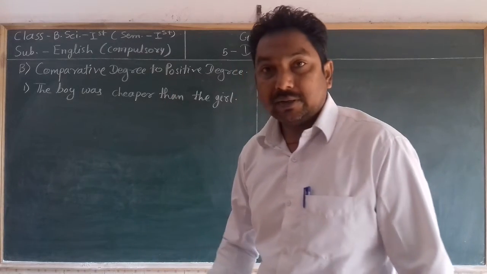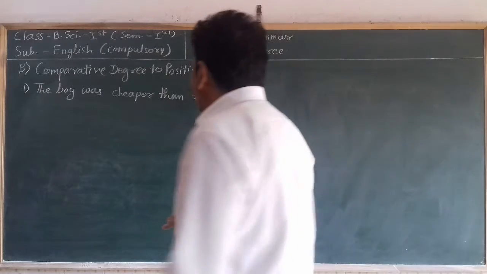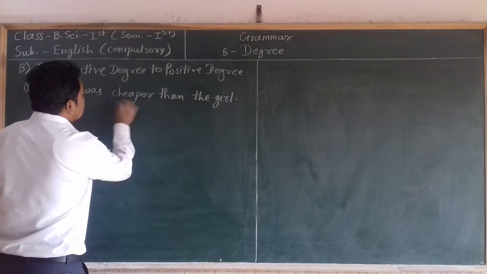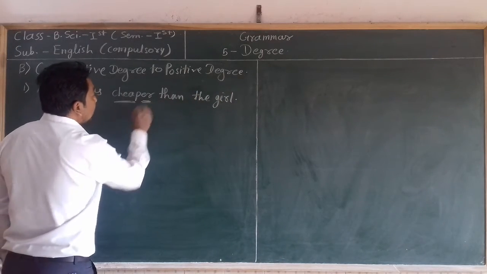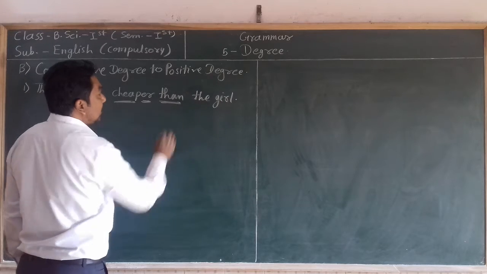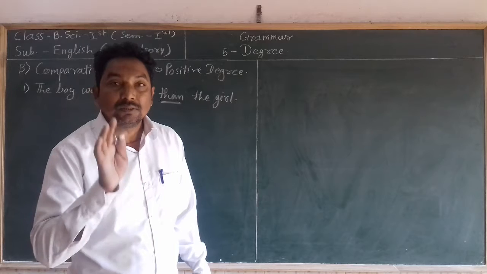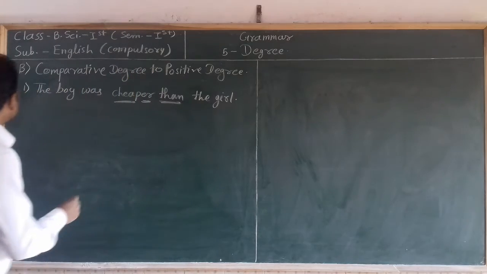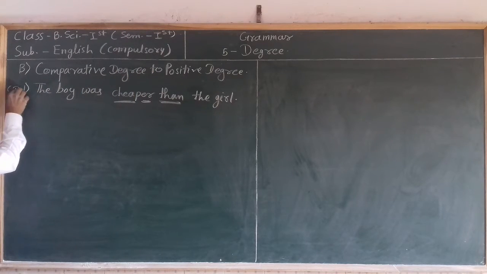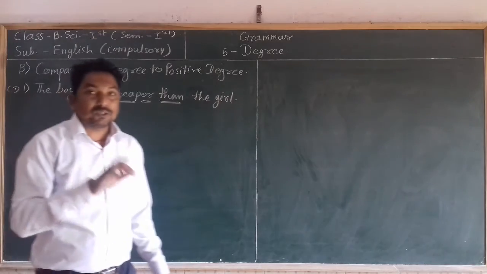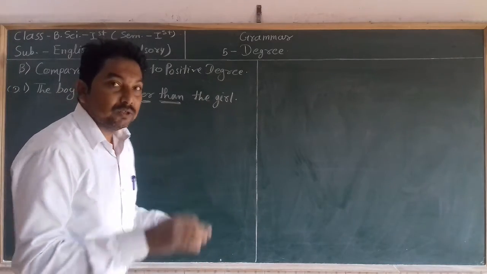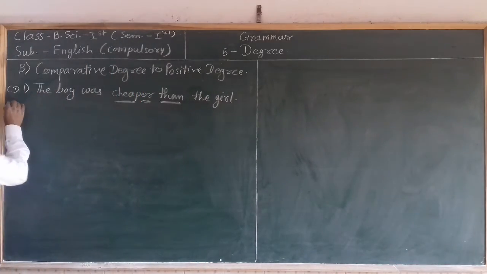So this is the comparative degree sentence. Why? Because in the adjective word cheap, there is used suffix er and after that there is given than. So if you want to transform this sentence into positive degree, how can we transform it?